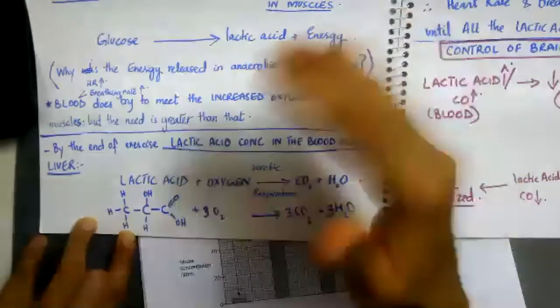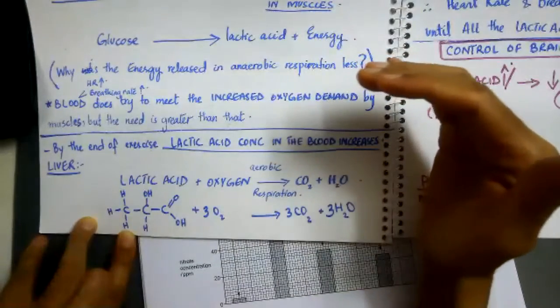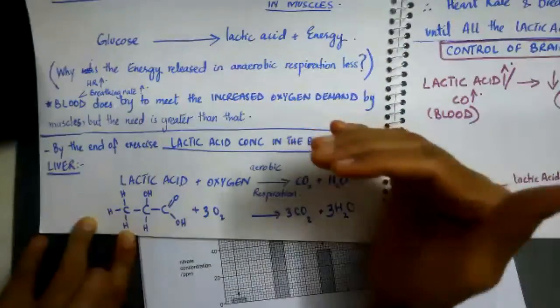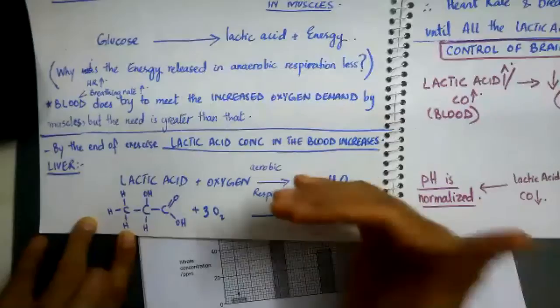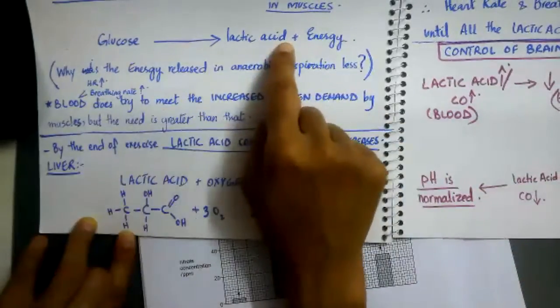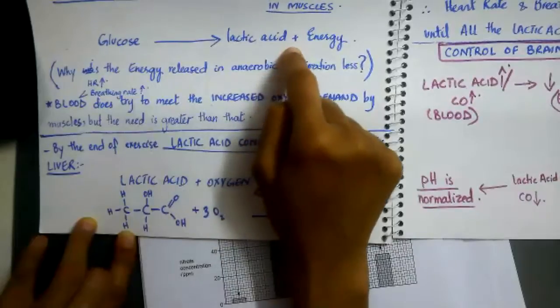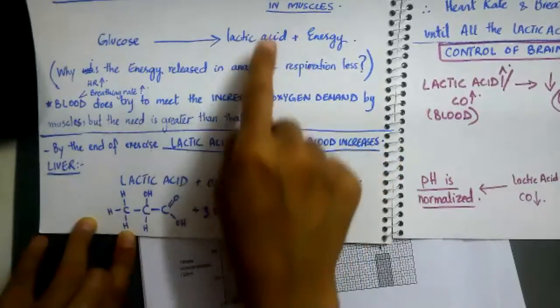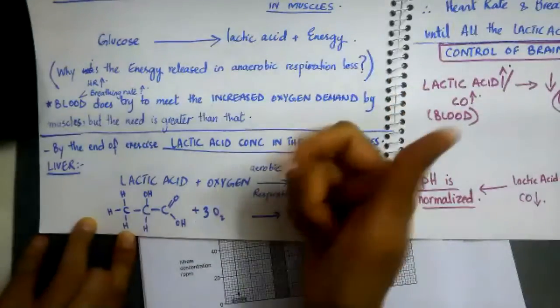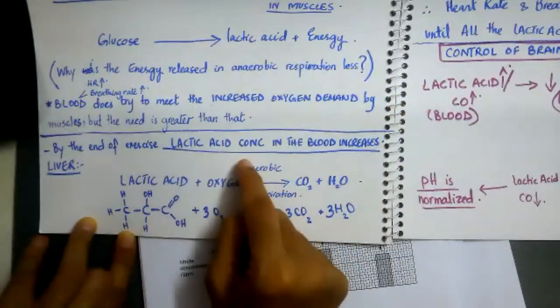During the peak exercise stage, when the respiratory rate and heart rate have reached their maximum, beyond that the muscles will start this process, which is anaerobic respiration. This will lead to an increase in lactic acid concentration, first in the muscles and then in the blood. This is responsible for the pain sensation.